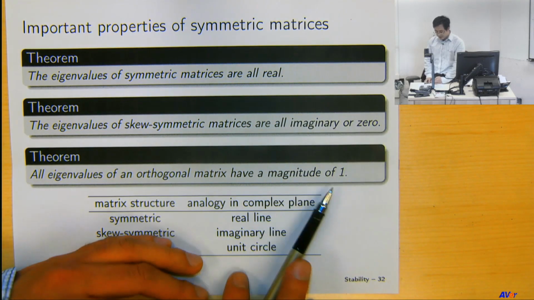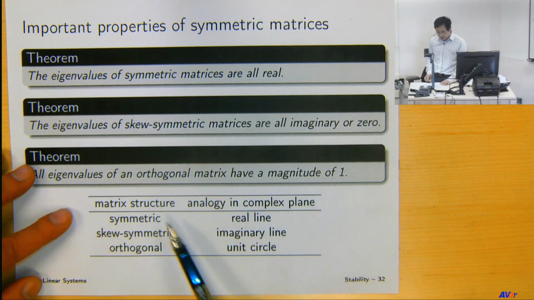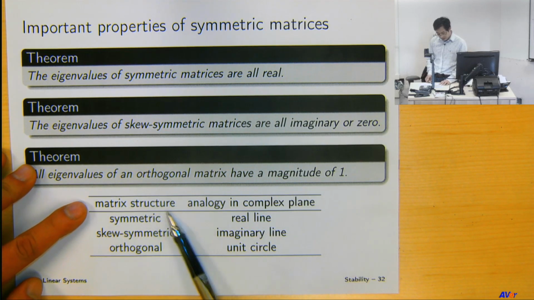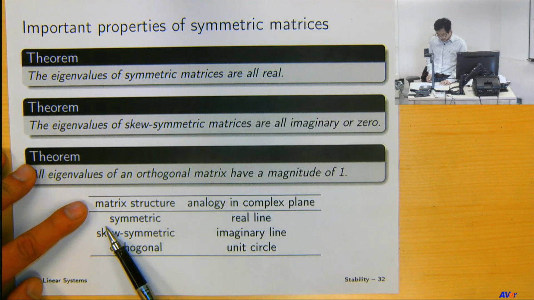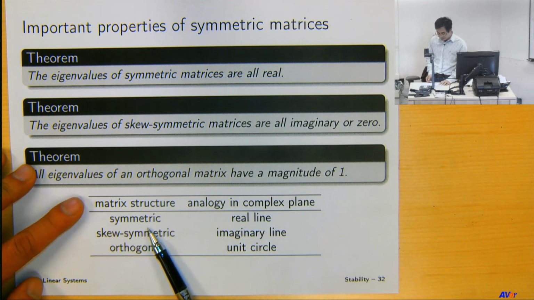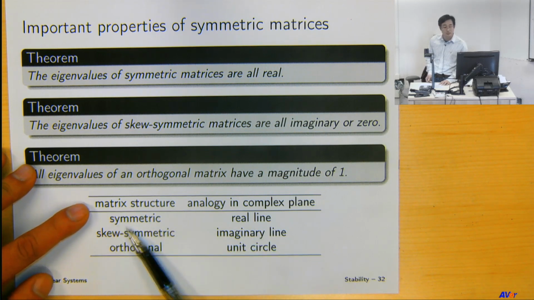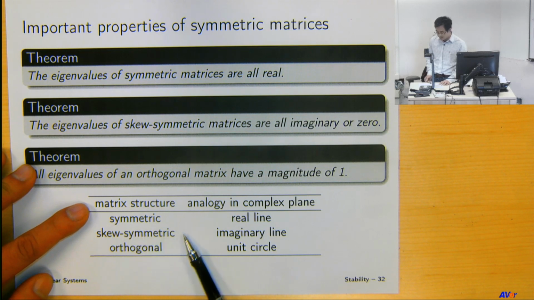If you make a comparison, with matrix structure on the left-hand side and the complex plane on the right-hand side, then a symmetric matrix is like the real line in the complex plane. The eigenvalues are guaranteed to be real. And skew symmetric matrices are analogous to the imaginary line. The eigenvalues all stay along the imaginary axis.